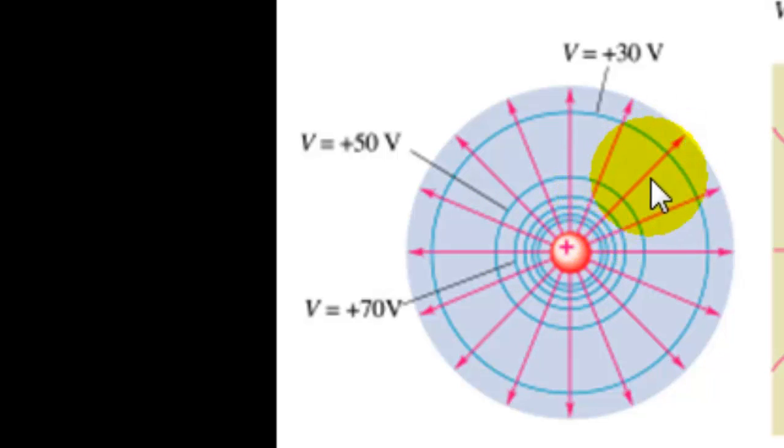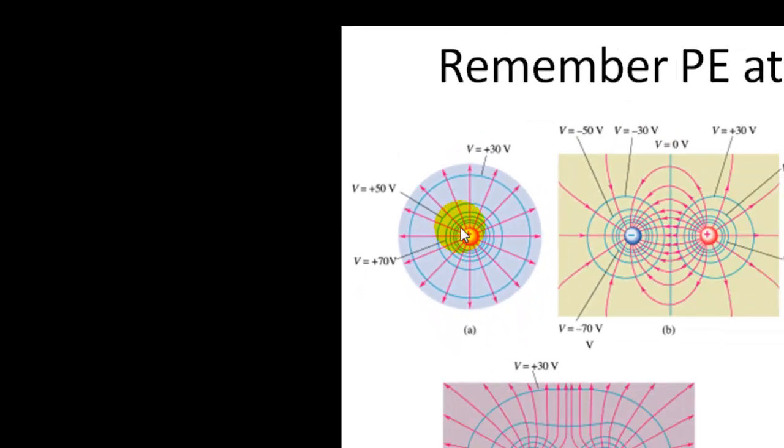Another point is that since we're talking about an electric field, at infinity the potential is zero, and as you approach the charge, the potential increases. So this line of equipotential is the 30 volt line. Then we have the 50 volt line, then the 70 volt line, and the voltages get higher and higher as you approach it. The potential gets greater and greater.